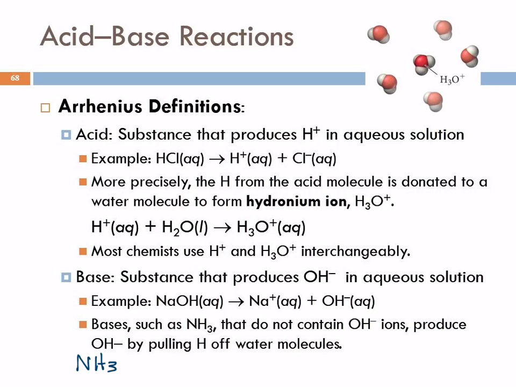NH3 plus H2O. Well, technically it's this. It can steal a hydrogen ion from the water and make the water into hydroxide ion. So that's how ammonia becomes a base. But for the most part right now, we're just going to be looking at metal hydroxides.